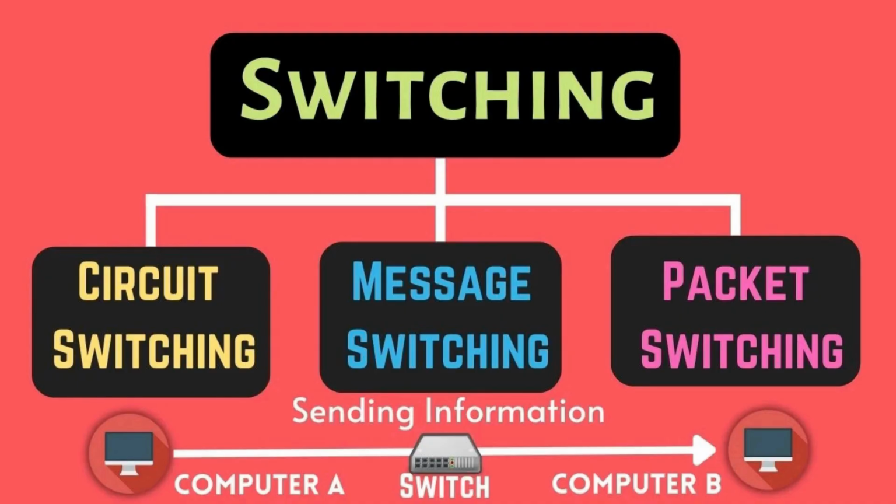The third point, independent routing: the packets are routed independently through the network based on the available paths and network conditions. The fourth point is reassembly: at the destination, the packets are received and reassembled in the correct order to reconstruct the original data.